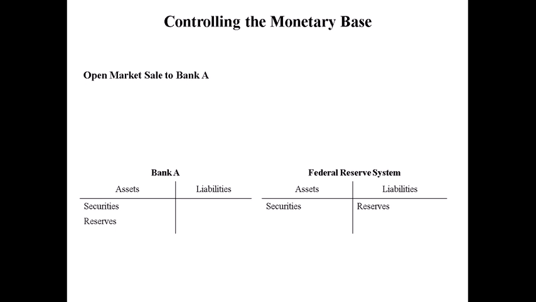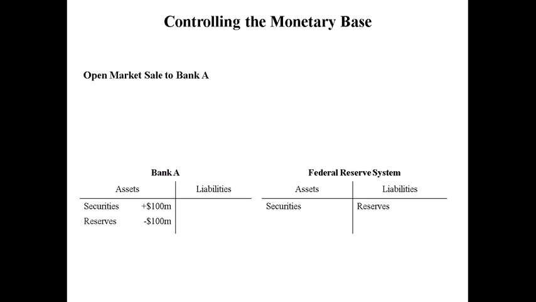Okay, what happens if the Fed sells securities to Bank A? When the Fed sells securities to Bank A, the bank has to give up its reserves, its cash, to purchase these securities. So it gains in treasuries, loans made to the Treasury, but it has to purchase these securities with $100 million in its reserves.